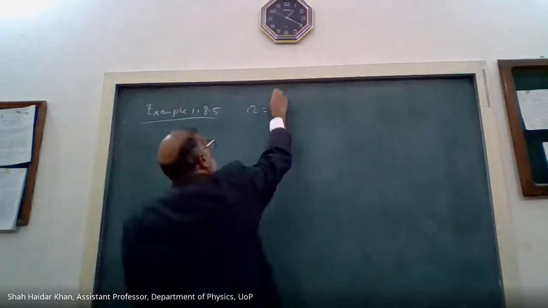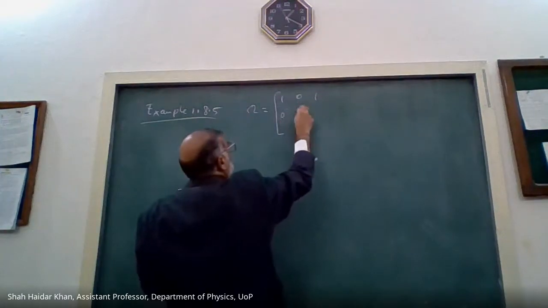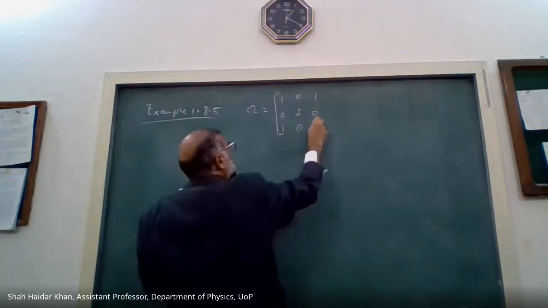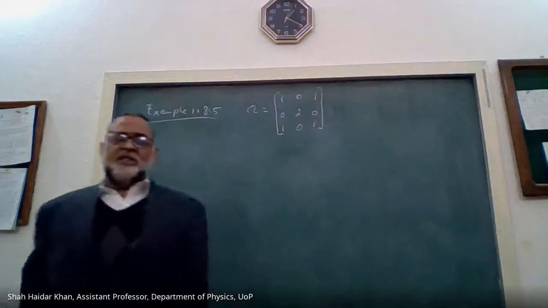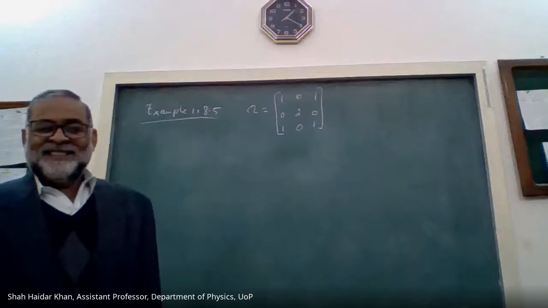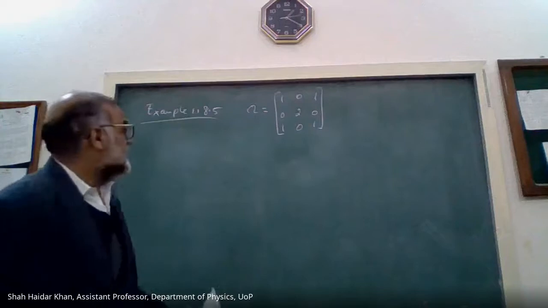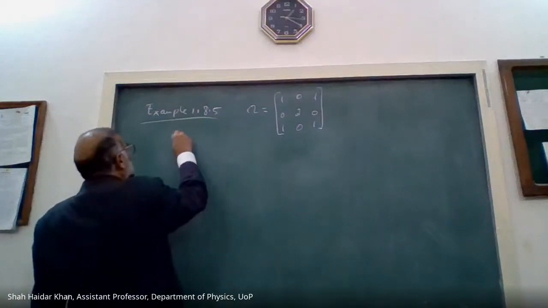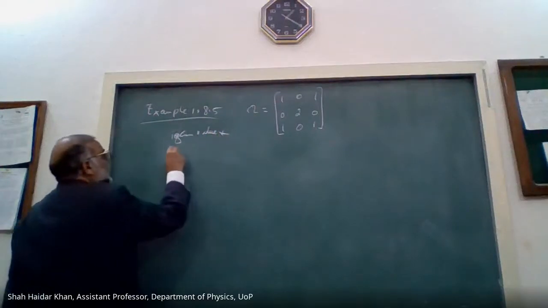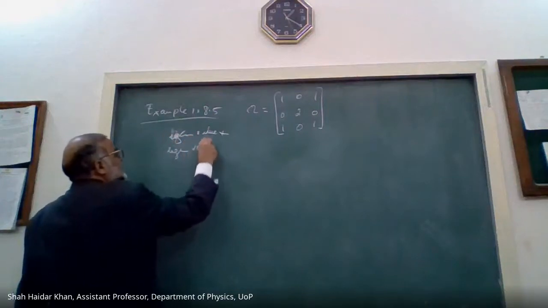Right? And this operator is what? 1, 0, 1, 0, 2, 0, 1, 0, 1. Right? This is a three-dimensional matrix. Right? And we are asked to find the eigenvalues and eigenvectors.